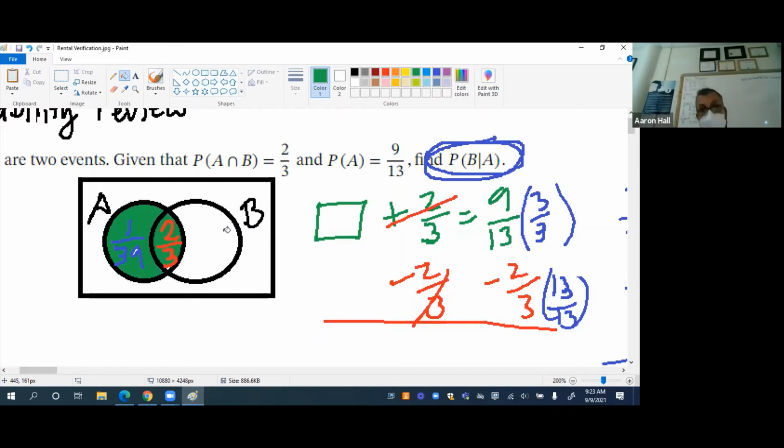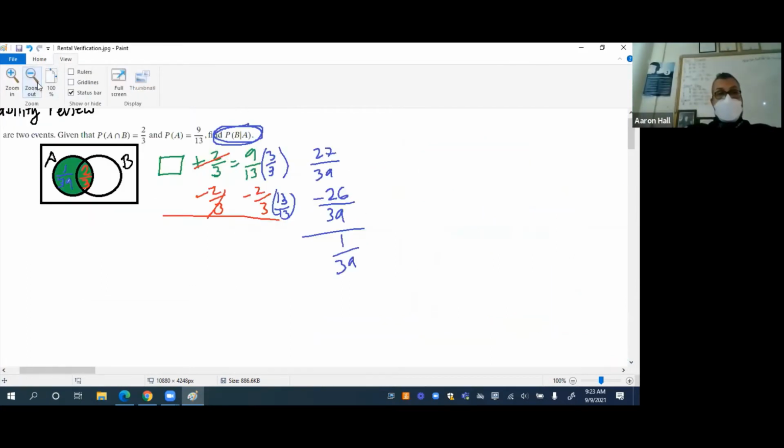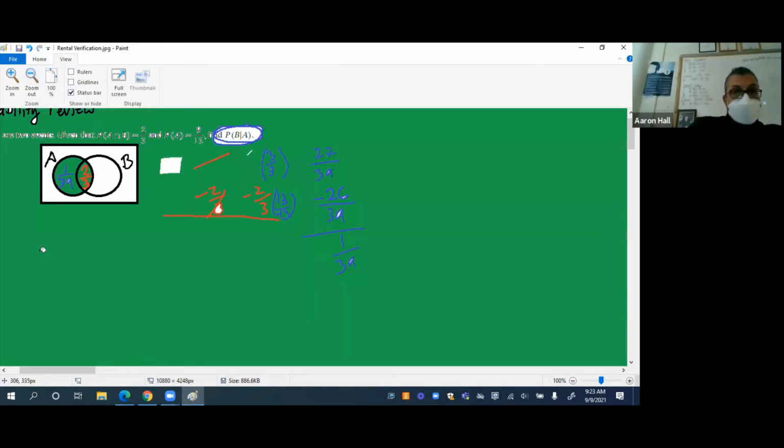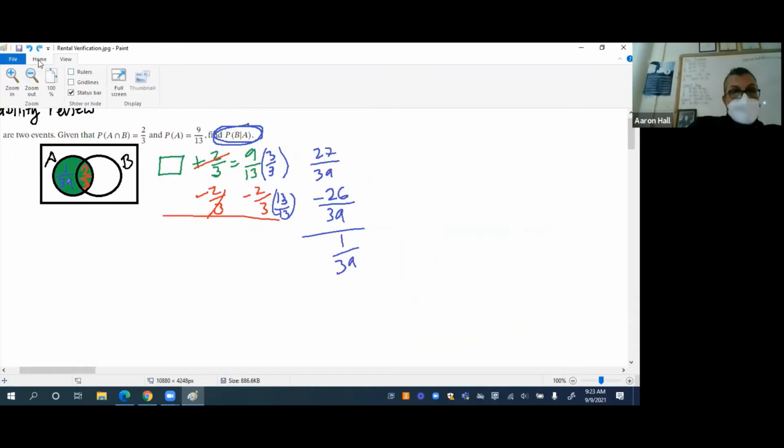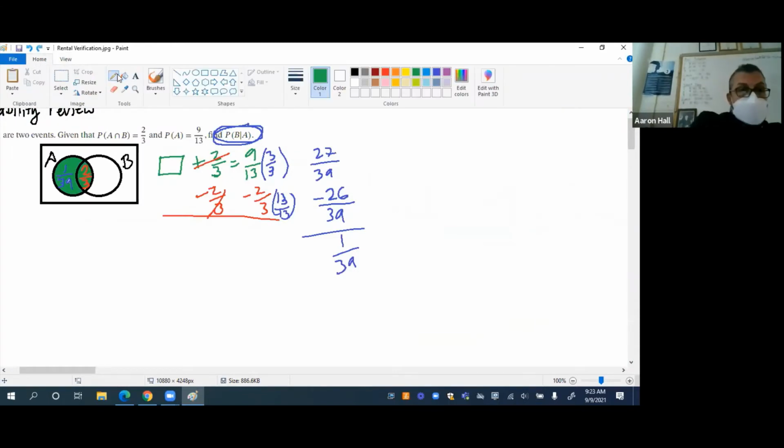How do we calculate probability? We're looking at the probability of A and B over the probability of B. Is that how you understand it?